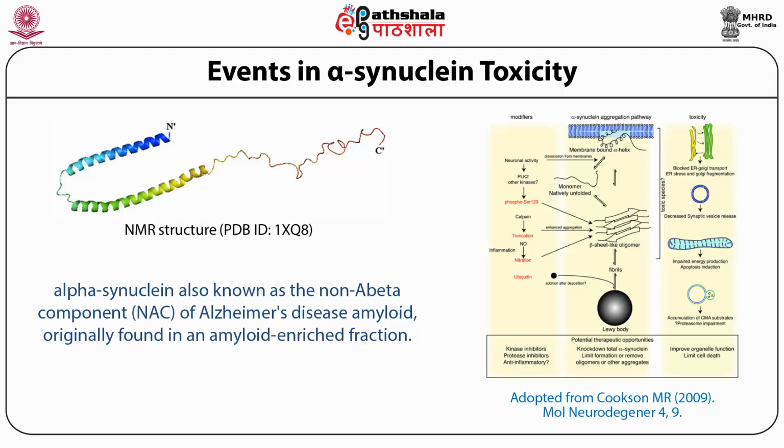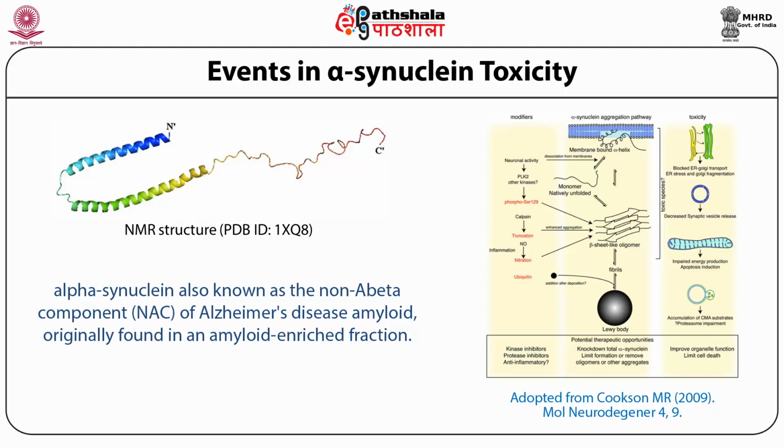So what happens is that once it's phosphorylated at serine 129, it starts forming small beta sheet like oligomers, and it starts to form fiber structures. These fibers form a Lewy body, and this is the one which actually hampers the function of the neurons.